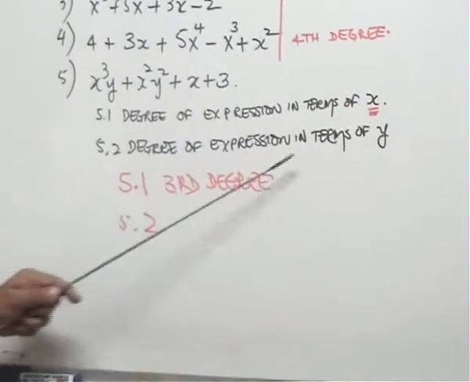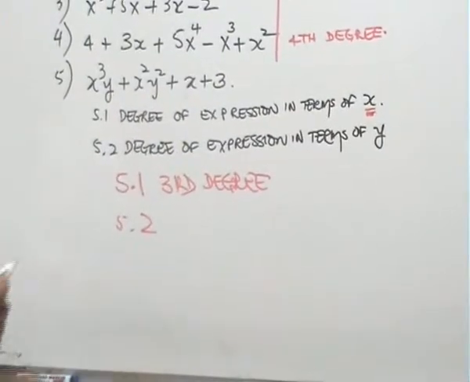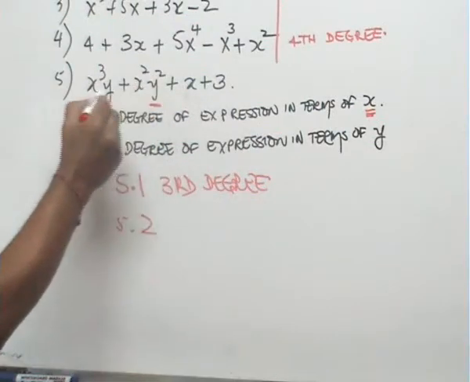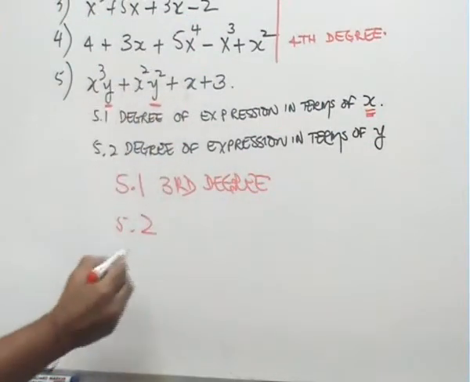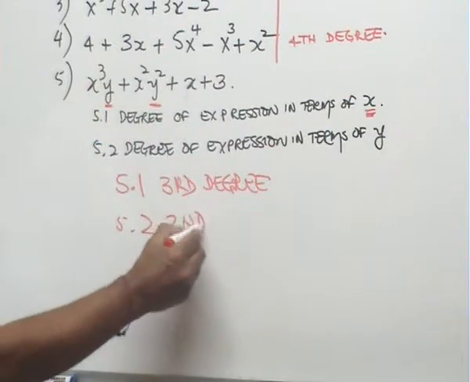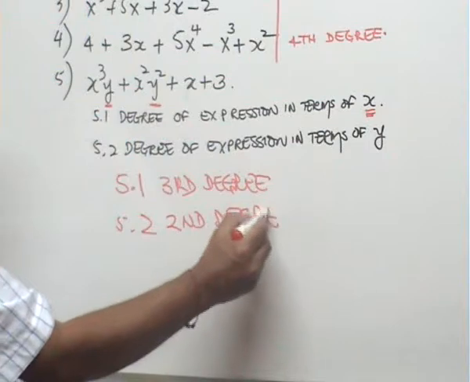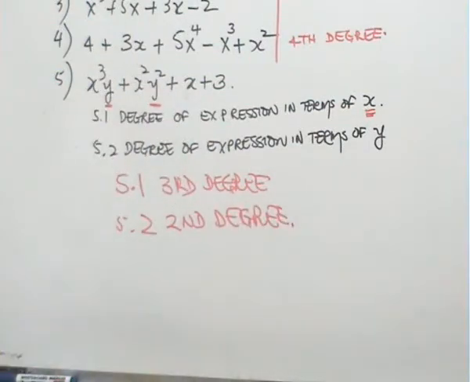What is the degree of the expression in terms of y? So we will study the y's. If we study the y's, the highest index for y is 2. So it is second degree in terms of y. Alright, so that brings us to the end of degrees of expression.